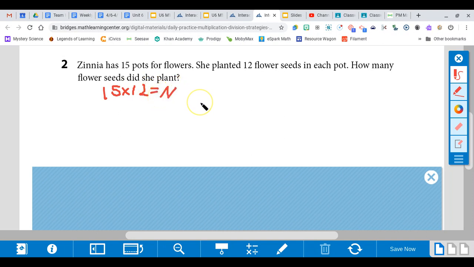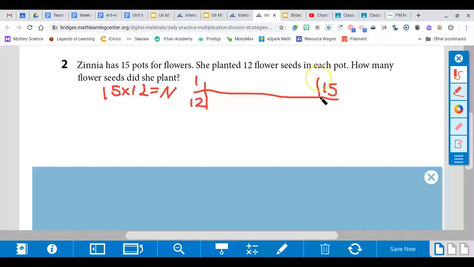Now for this one, I'm going to use the strategy we've been working on in class of a ratio table. So I can make my ratio table, and if I have one pot that she put 12 seeds in, and I know she has 15 pots, I need to figure out 15 groups of 12. What would be the total?